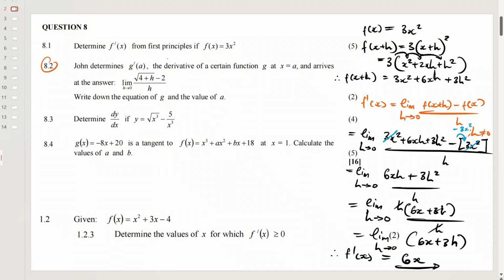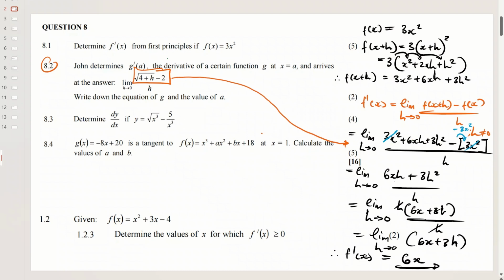So now what we are going to do is to say that this is the same as the first principle formula. Or I can say this part here is the same as this part before we eliminate the 3x squared.